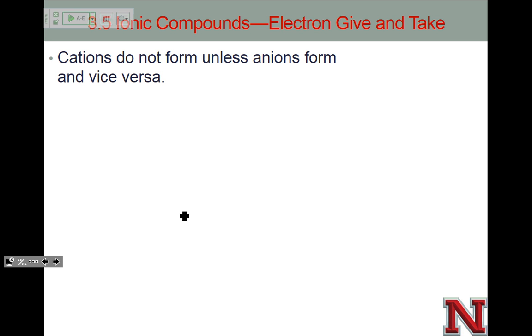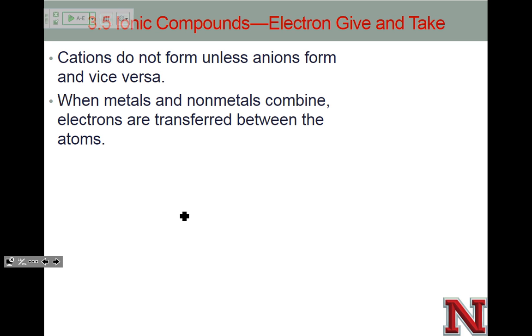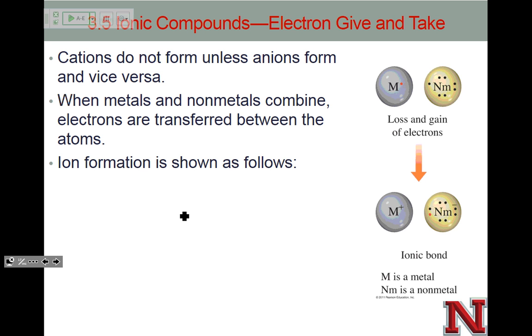Now, one thing to note, a cation won't form unless something can take its electron. So that means that a cation and an anion are going to form together, because one can't form without the other. If something gives up its electron, something else has to take the electrons. So when metals and nonmetals combine, electrons are transferred between the atoms.